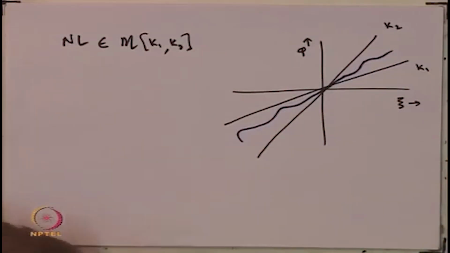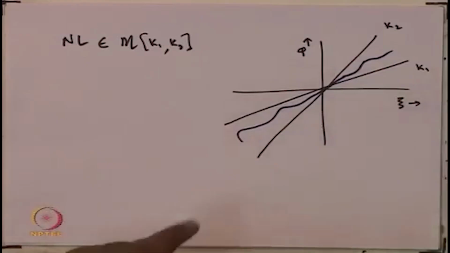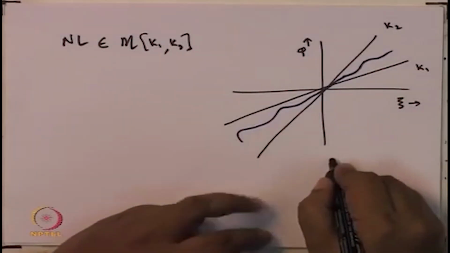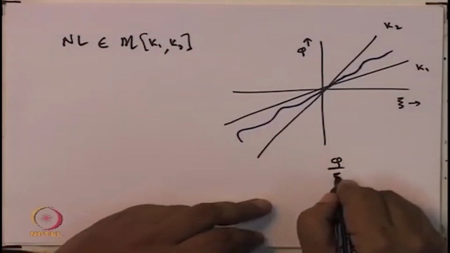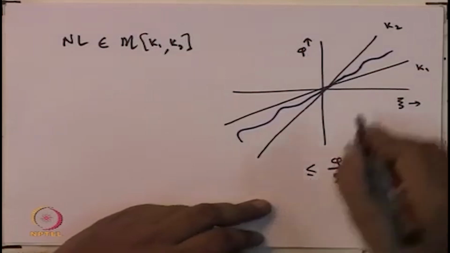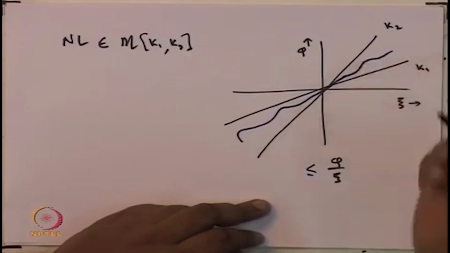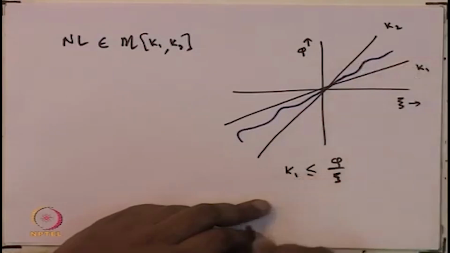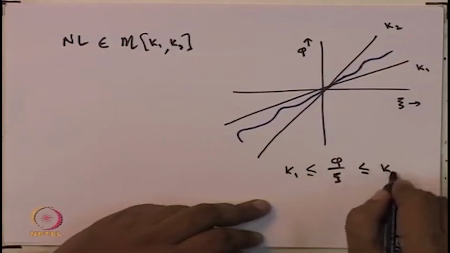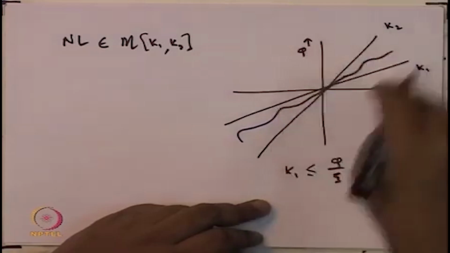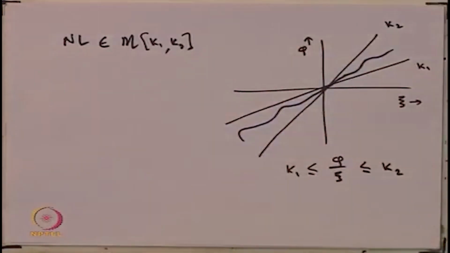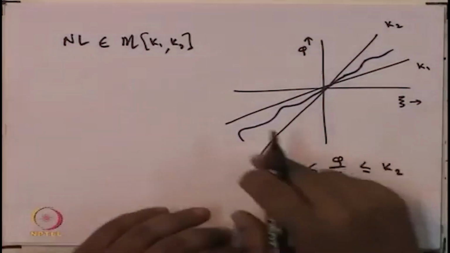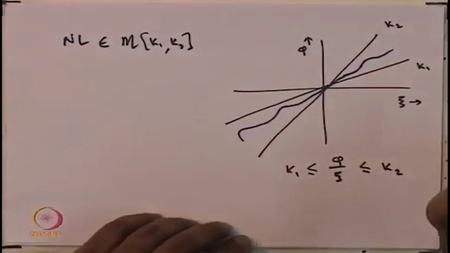Okay. And of course, the other way to talk about this is that phi by psi is greater than K1 and less than K2. So, this is another way that you can characterize this nonlinearity.